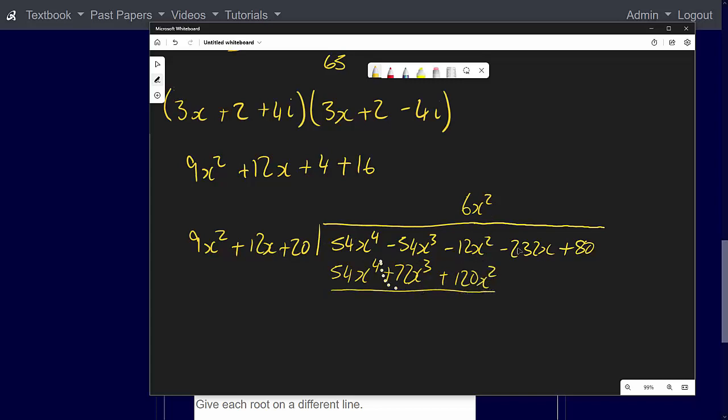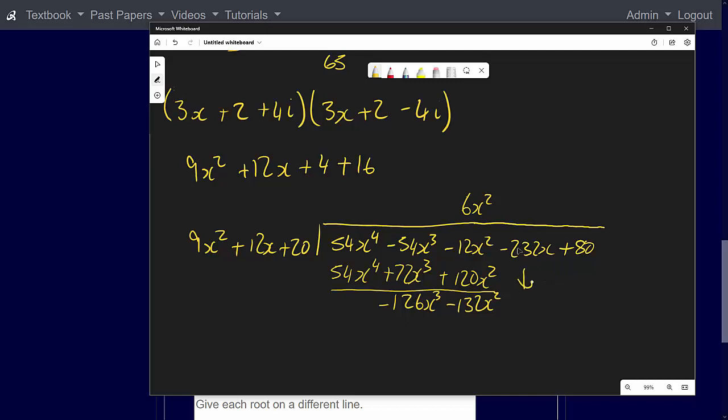Okay, I'm going to subtract those, obviously they will disappear. Minus 54 minus 72 is minus 126x cubed, and minus 12 minus 120 is minus 132x squared.